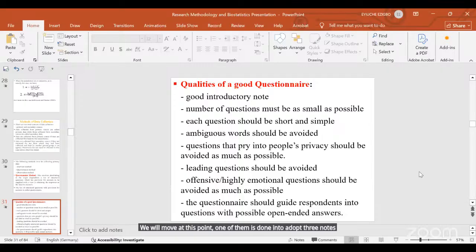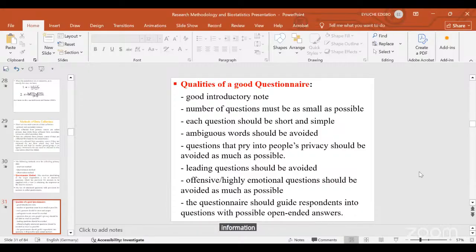Every good questionnaire should begin with an introductory note. And what is the introductory note? It is where you tell your participants, solicit for the information, and tell the person what exactly you want to use the information for. And you must not forget to assure the person of the confidentiality of the information.